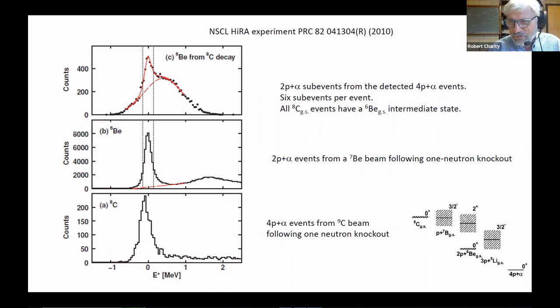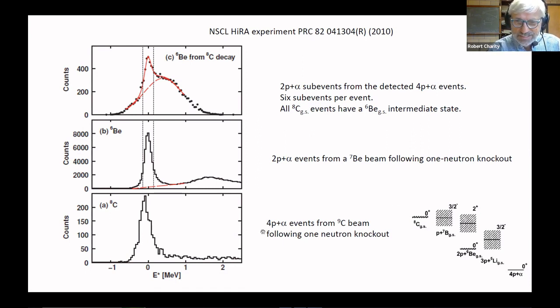If you're looking for something sequential, you really need to have some narrow intermediate state to pass through. And the only narrow one would be this beryllium-6 ground state. So 2 proton decay to beryllium-6 ground state. We can look for this beryllium-6 because it decays to 2 protons and an alpha.